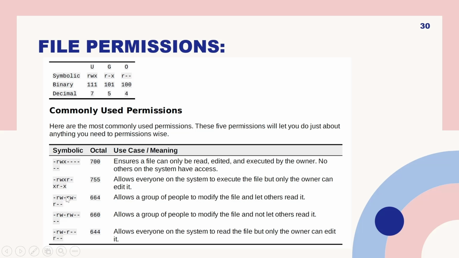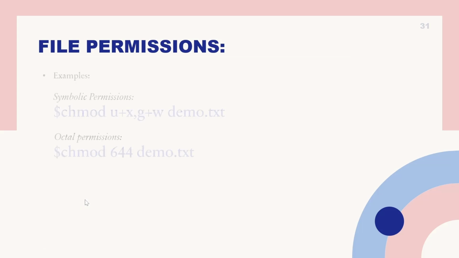The first one is blank, meaning it is a file. Then the next three are rw hyphen, so we calculate 2 and 4, which is 6.